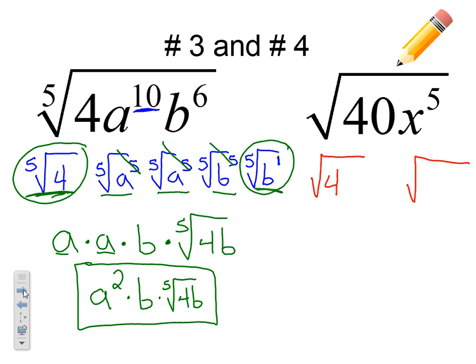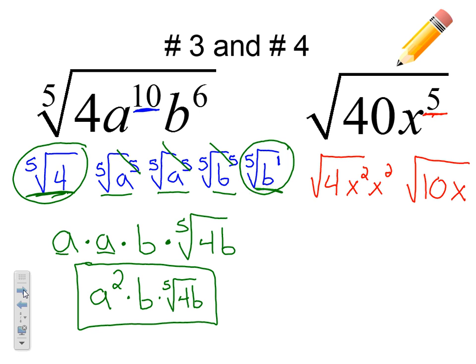So 4 times 10. Now we can break down our x to the 5th. So we need x squares in order to cancel. Well, out of 5, I can get 2 x squared, so those work. So that gives me x to the 4th. I have 1 left over, so those won't cancel, so I can put it over here with the ones that don't work.